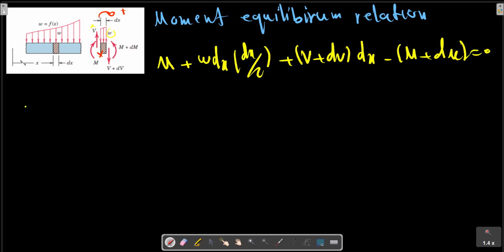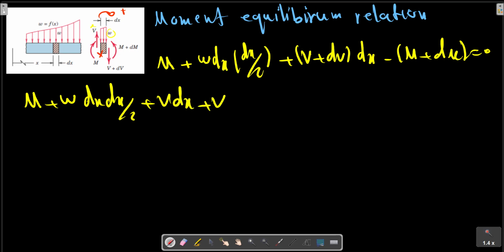The relation is M plus omega dx squared over 2 plus V dx plus dV dx minus M minus dM. Higher order terms can be eliminated.